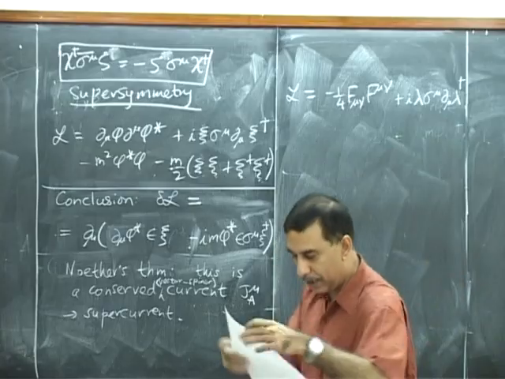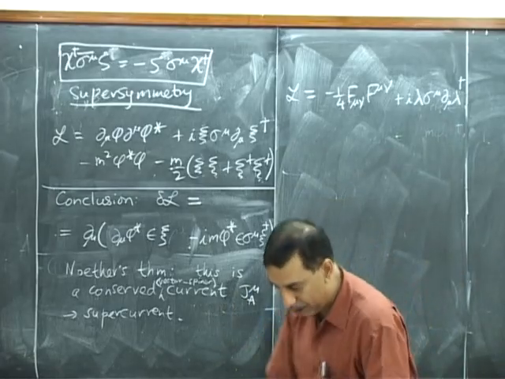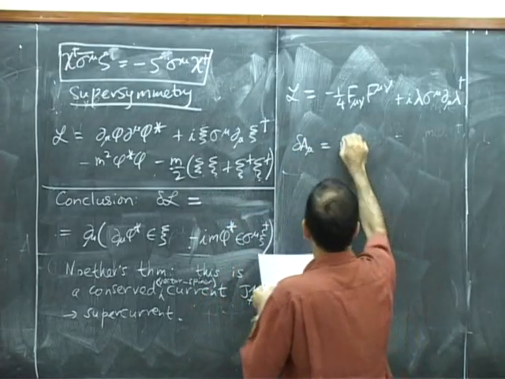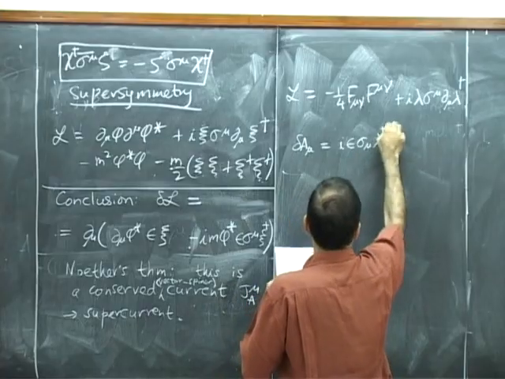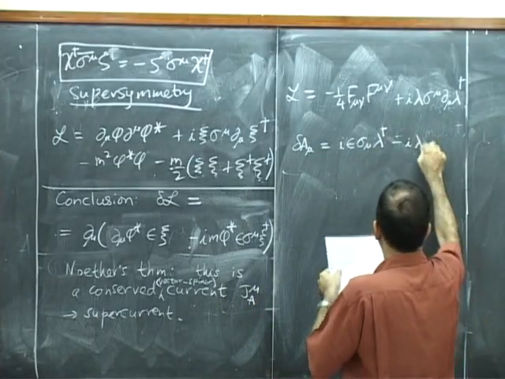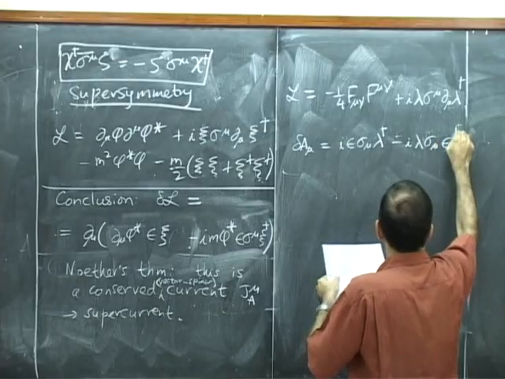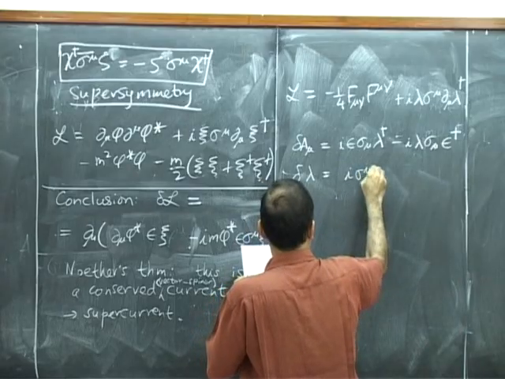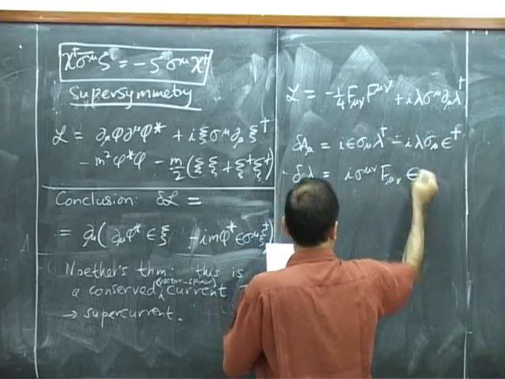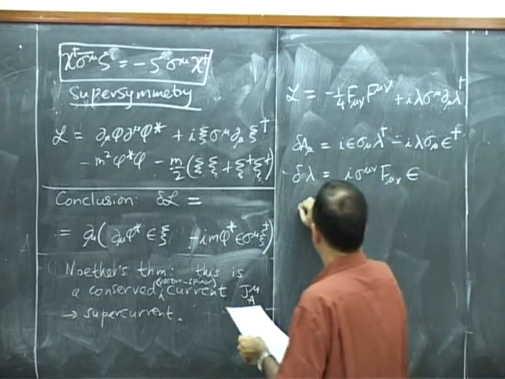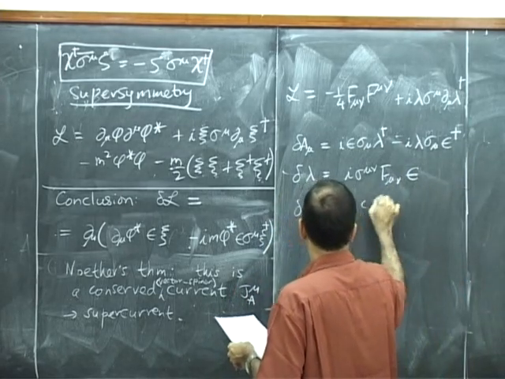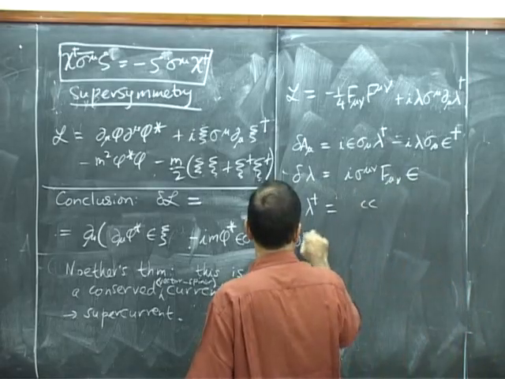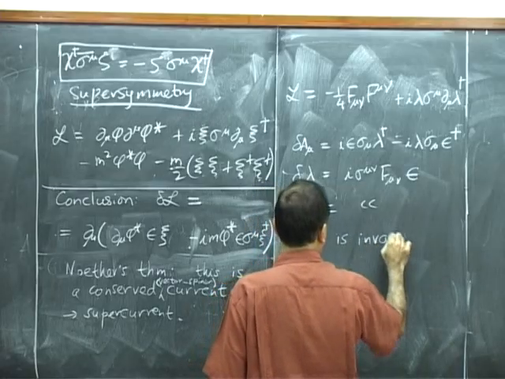So now the claim is, and this is a nice exercise for you because it's easy but it's not very easy, that under these transformations, lambda dagger, CC of this action is invariant. Again, delta L is invariant up to a total derivative.